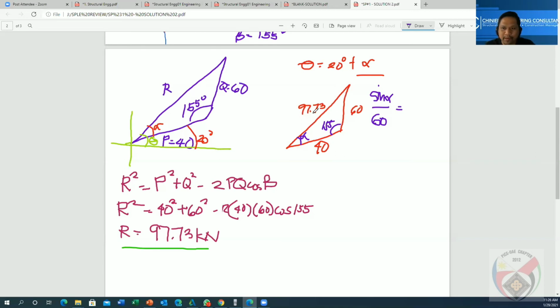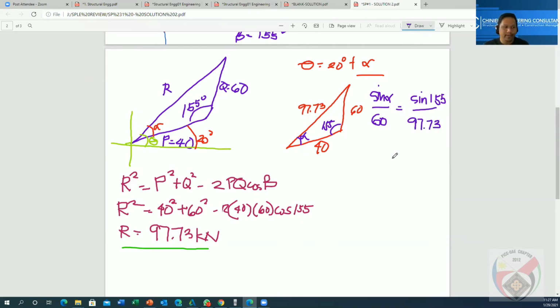So since meron namang unknown dito na 97 yung resultant saka yung opposite angle, sine 155 over 97.73.